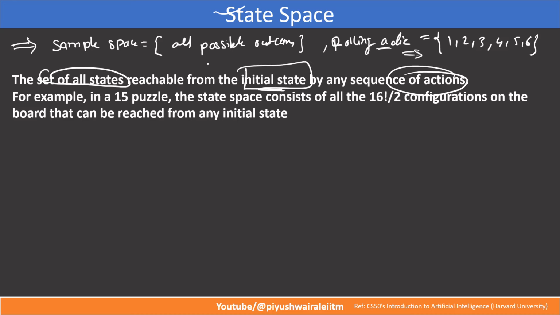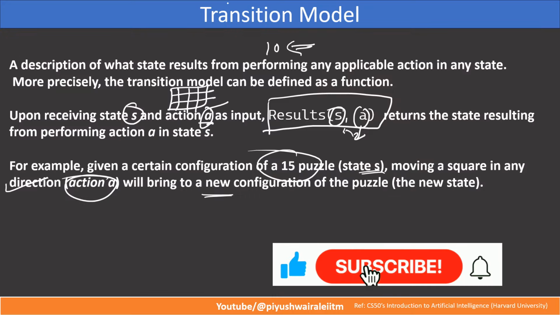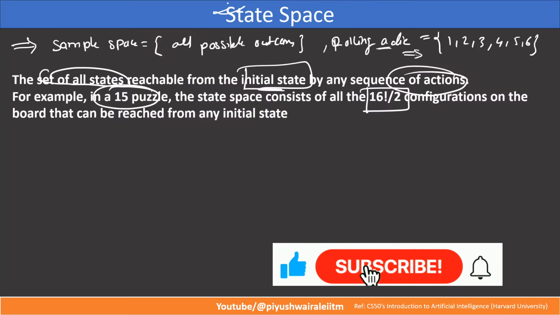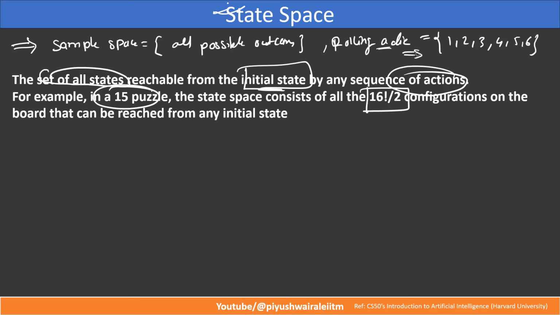For example, in the initial state there are four choices. State space is the set of all states reachable from the initial state by any sequence of actions. For example, for the 15 puzzle, the state space consists of 16 factorial by 2 configurations, since there are 16 blocks in the puzzle. This is what state space is. I hope you understand what state space is. Any doubt in this part up till now, you can just comment below, not an issue. I will try to make a separate video on that in detail because this is just an introductory video.